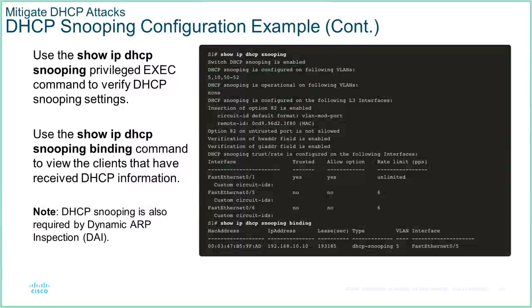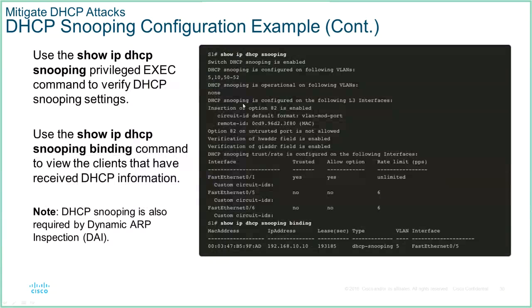So between these two commands, we'll get a list of information about the configuration, and the second one, the binding one, will tell us what IP addresses have been assigned to the MAC addresses, and how much lease time has remaining, and which VLAN and port it came in on. Whereas the snooping command is our summary. So it tells us what VLANs we're snooping on.